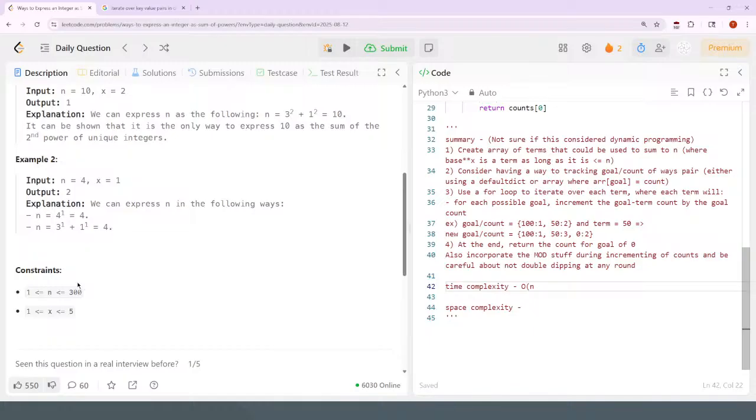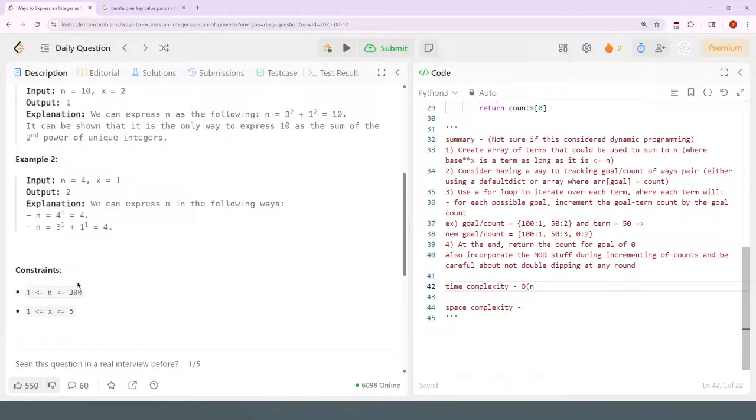The number of terms would be log base x of n, log base 1... What is log base 1? That can't be a thing, because 1 to some power can't equal something bigger than 1.